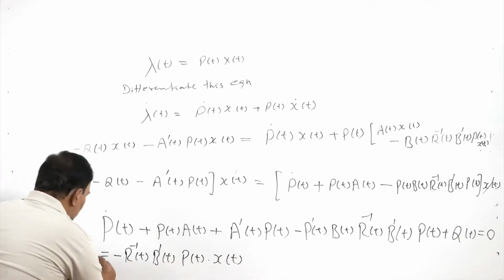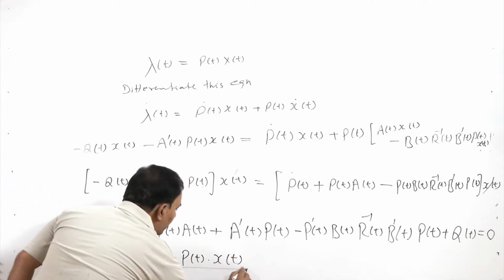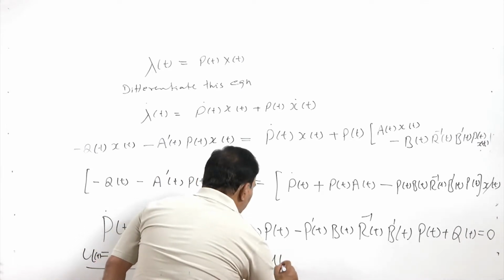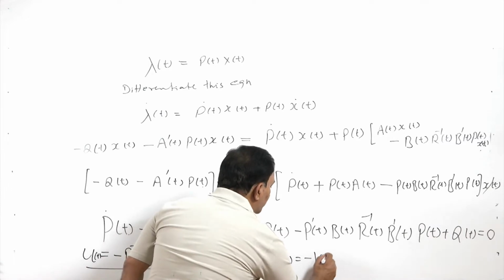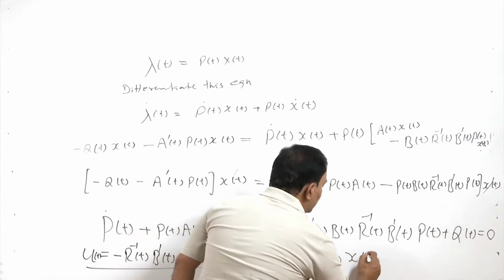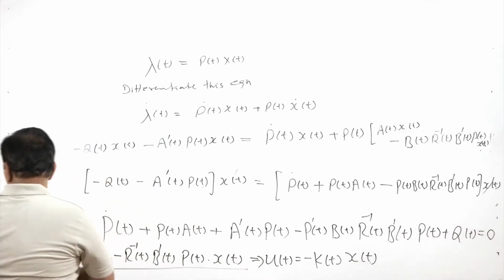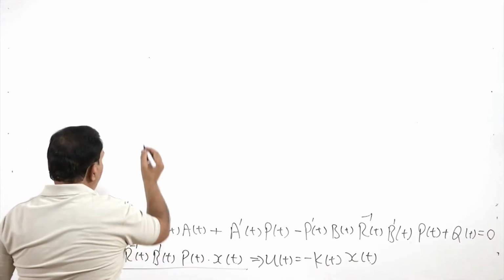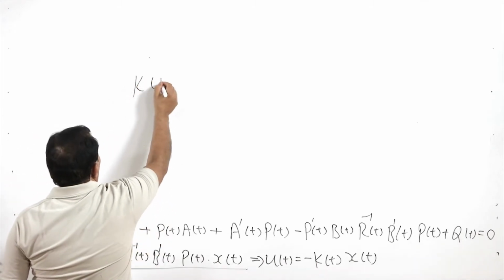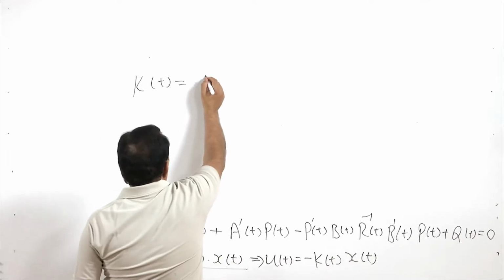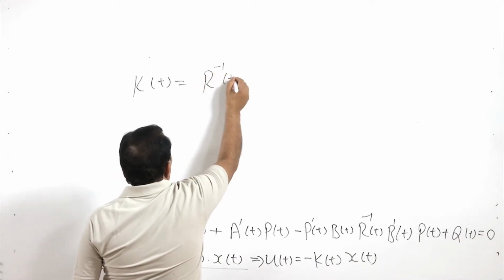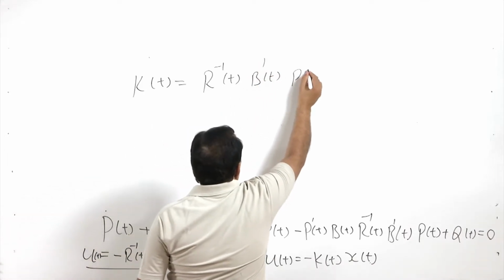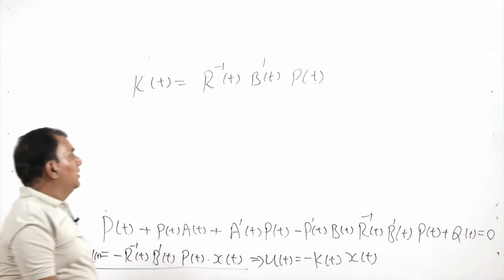So, this is my u(t), which I am directly writing as, this implies u(t) is minus K(t) x(t). So, K is nothing but R inverse B transpose P(t).